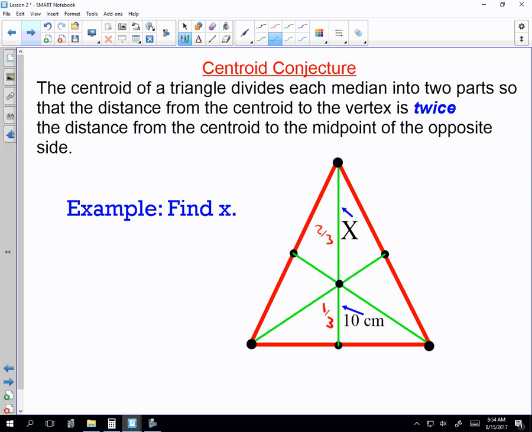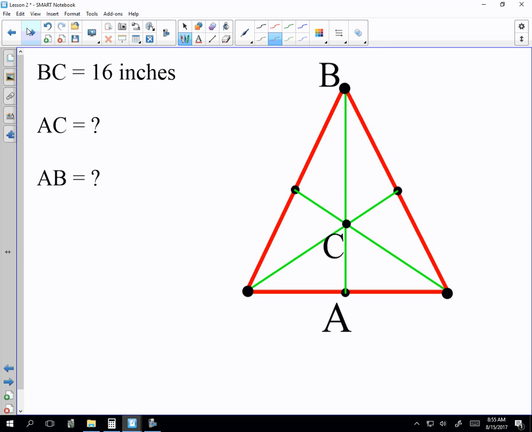If this 10 centimeter length is the 1/3 ratio, then the 2/3 ratio has to be 2 of the 10s, or 20 centimeters, and the entire distance overall ends up being 30 centimeters. And that works with all of the median lines. The longer portion, centroid to the vertex, is 2/3 of the distance, and from the centroid to the midpoint is 1/3 of that distance.